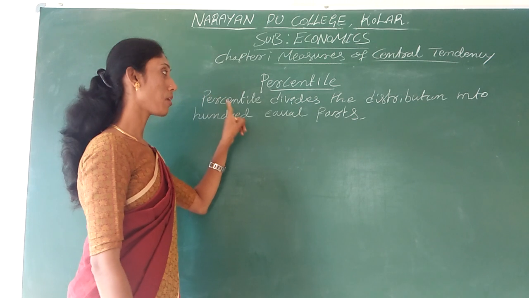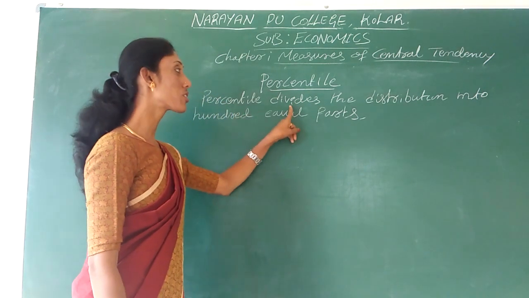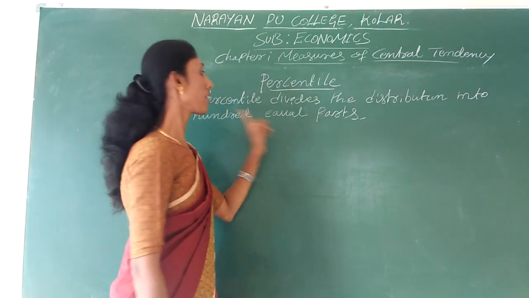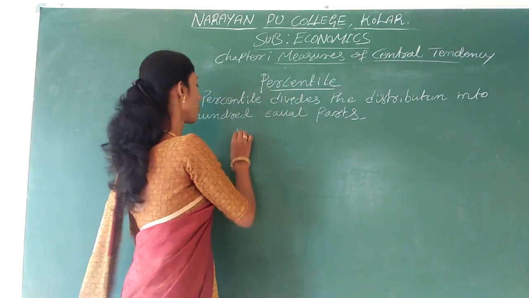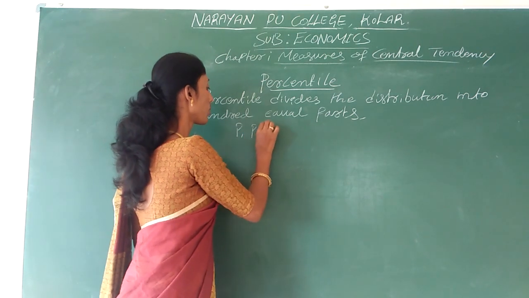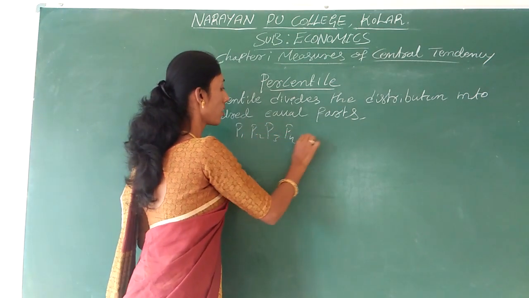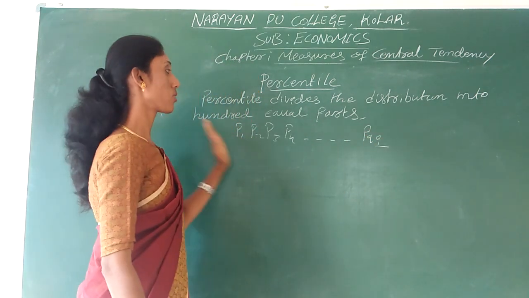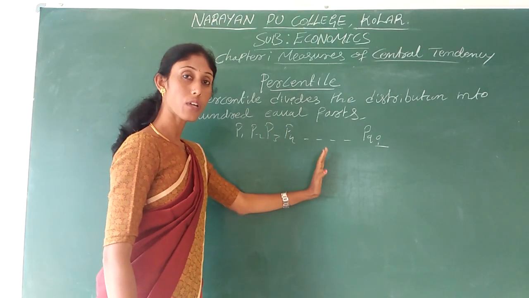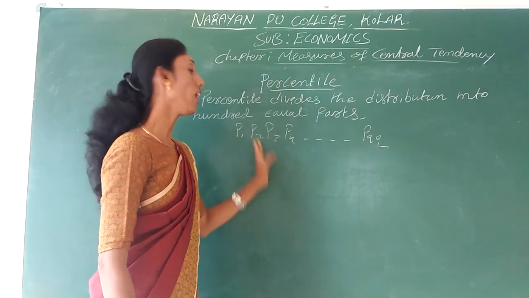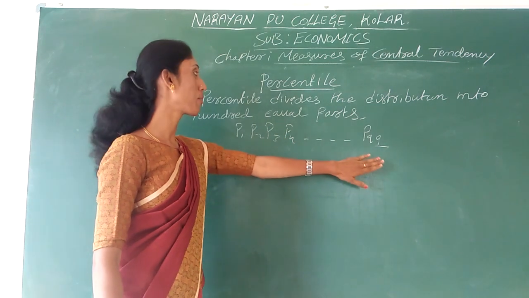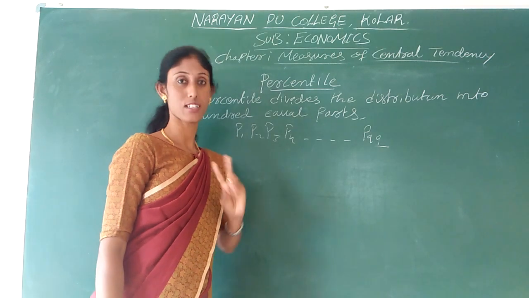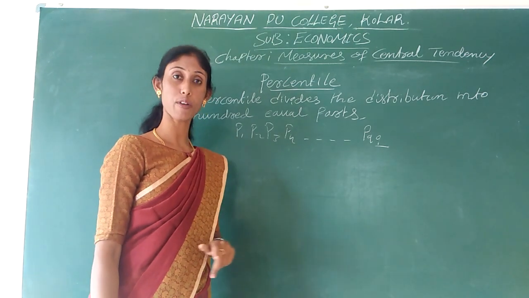Keep in your mind, the percentile is also a measure which divides the distribution or the data into 100 equal parts, like P1, P2, P3, P4 until P99. Likewise, it divides the total observations or data into 100 equal parts. That is called a percentile. It is important for 1 mark or 2 marks questions from the examination point of view.